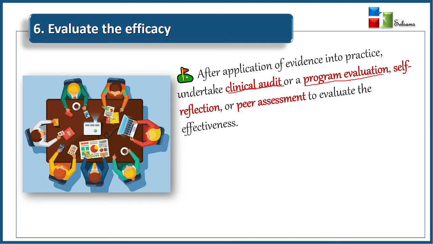And you can evaluate through the program evaluation also. After completing a research study, you can evaluate whether it is done right. You can find it by yourself also, whether it's good or not. And you can get help of your peers, the colleagues, the same profession people, to find out any flaws, means some ups and downs in that research implementation.